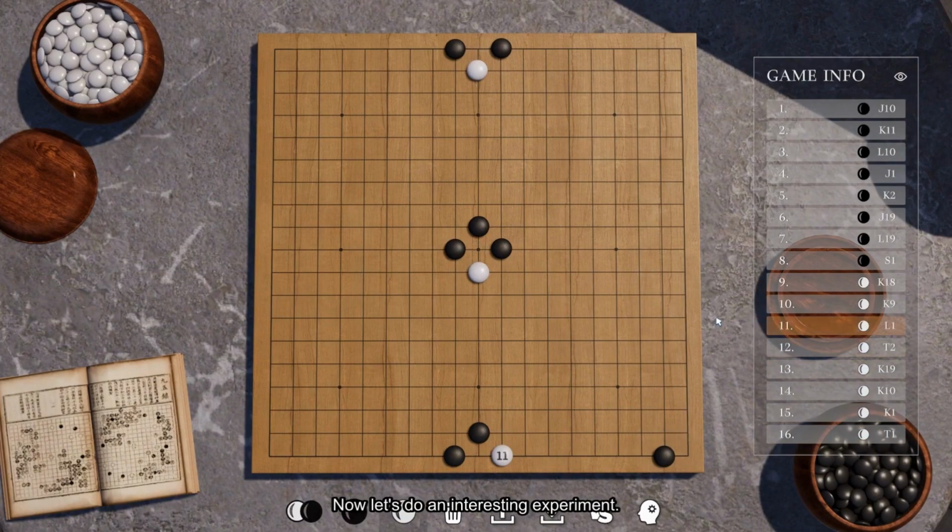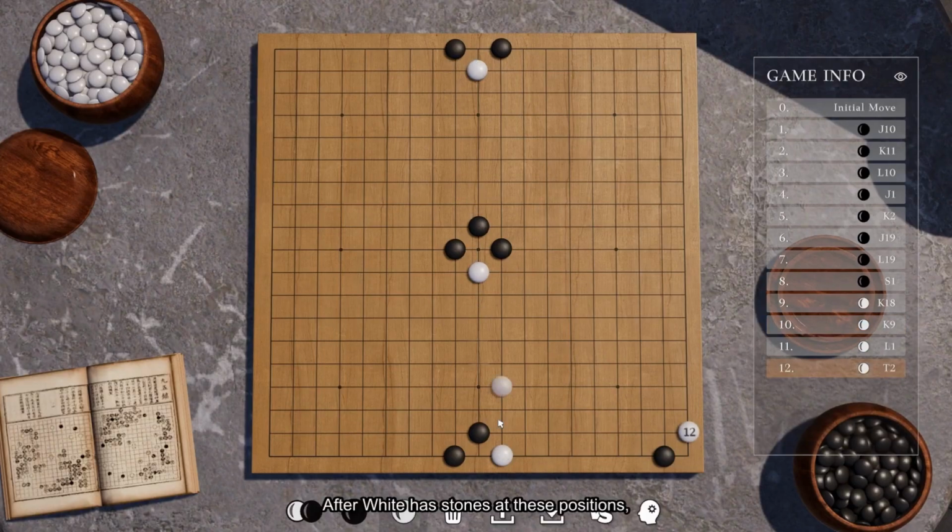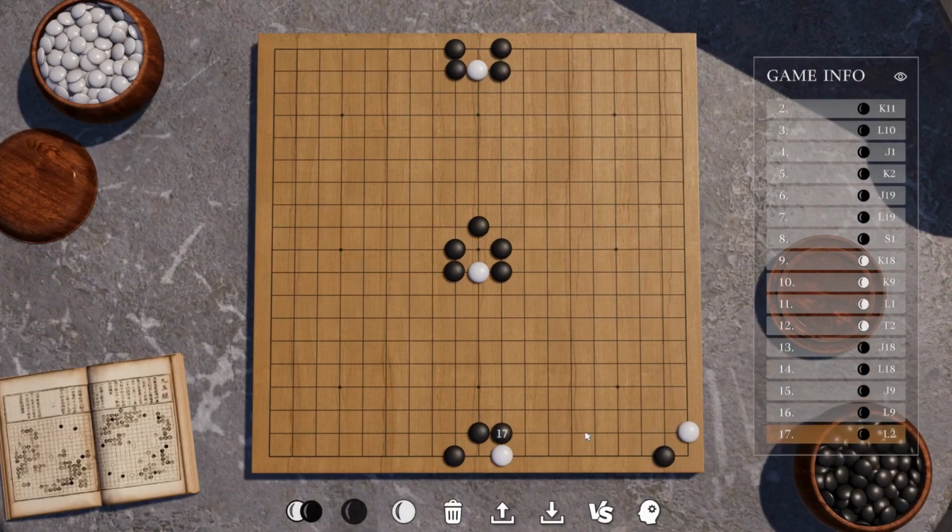Now let's do an interesting experiment. After white has stones at these positions, we also add stones for black. Now let's judge again. Are these positions tiger's mouths?